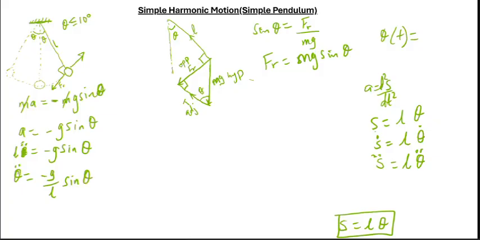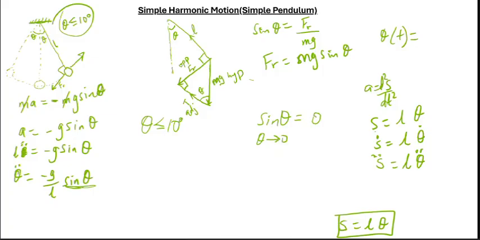Alright, now this is where the assumption comes in. Solving with sine theta is difficult. If we put it inside our equation, it's going to be complicated. How can we resolve that? We assume that theta is less than or equal to 10 degrees, because as theta tends towards 0, sine theta tends to 0 also.